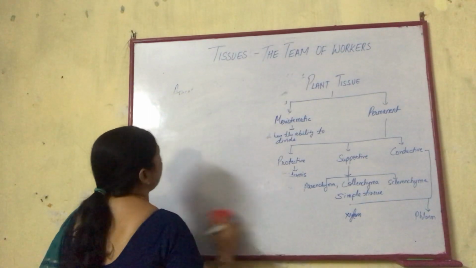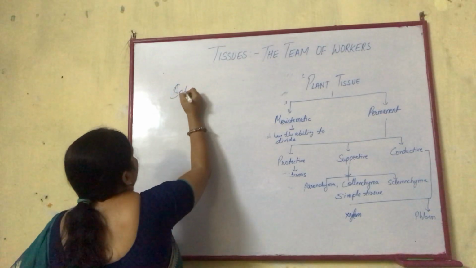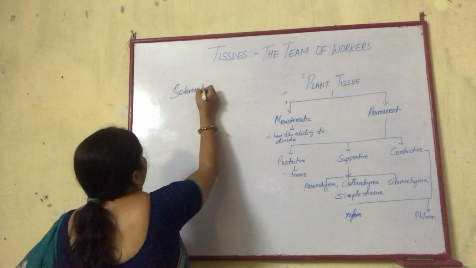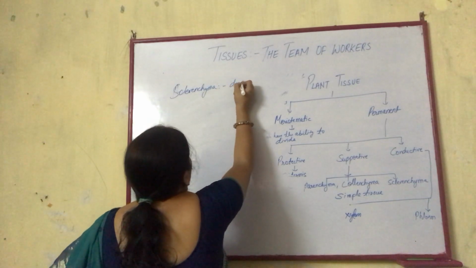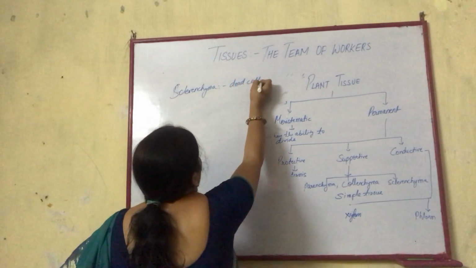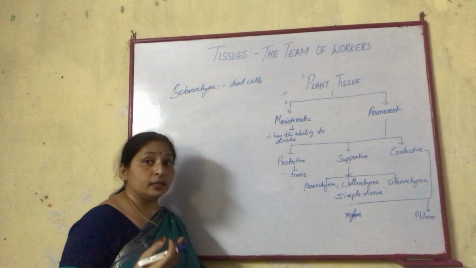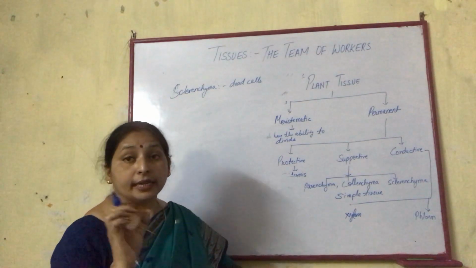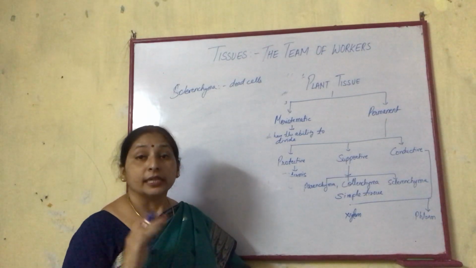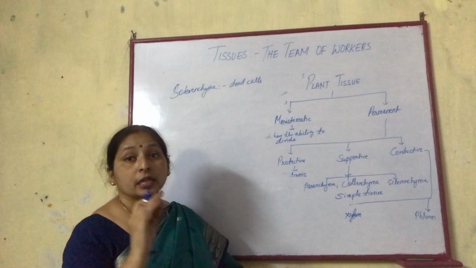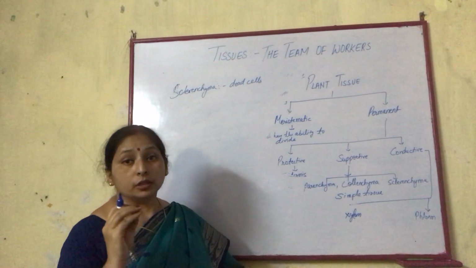Sclerenchyma is made up of dead cells. Now, dead means, when they are dead, how are they performing a function? Dead in this sense means they have no nucleus.